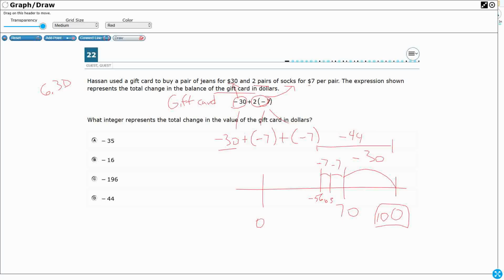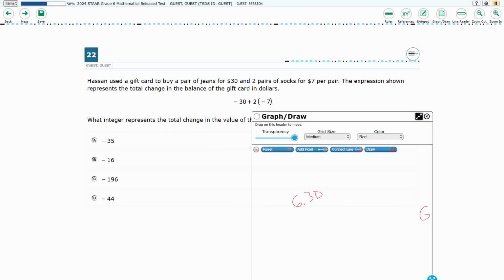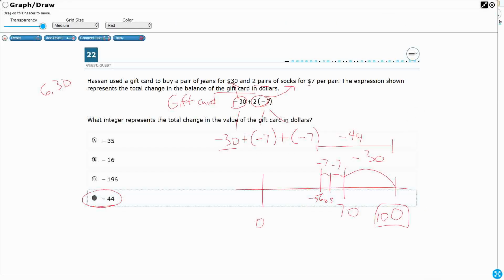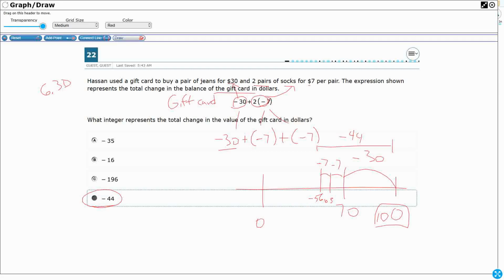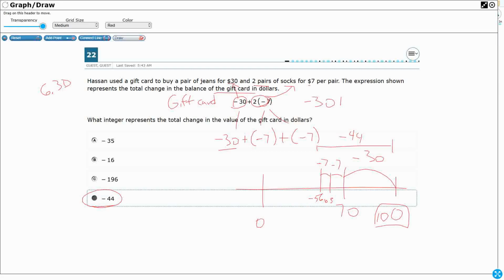Well, minus 30 minus 7 minus 7 equals this, D, minus 44, because we took 44 away. And so that's how we would view this. We could also just view this as minus 30 plus minus 14. And we just need to know when we're adding negatives, right, we're going further and further to the left. Okay, so D is our answer.